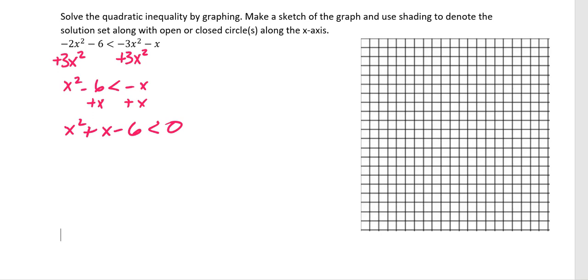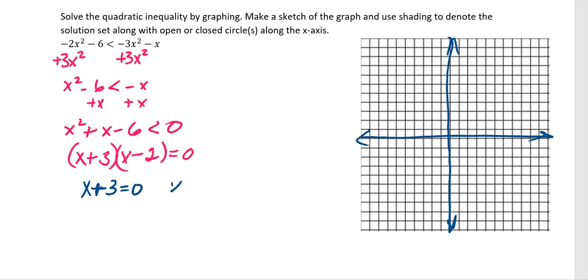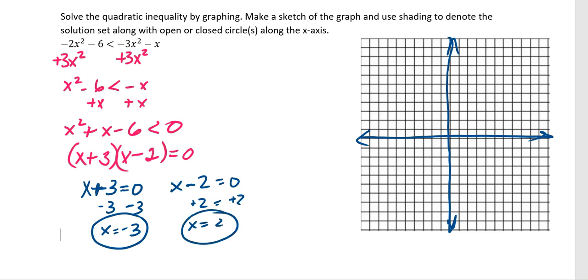Now, this is almost the same problem we had a minute ago. So I know that I can factor it. And I can solve for those zeros. So if this were equal to 0, so these are my zeros.